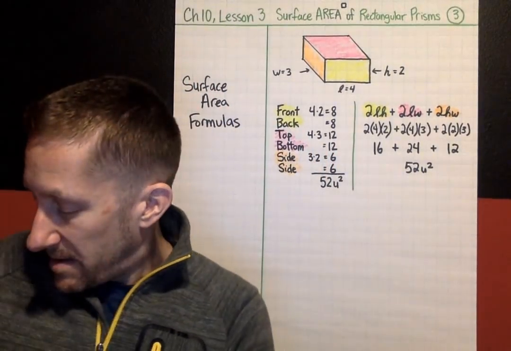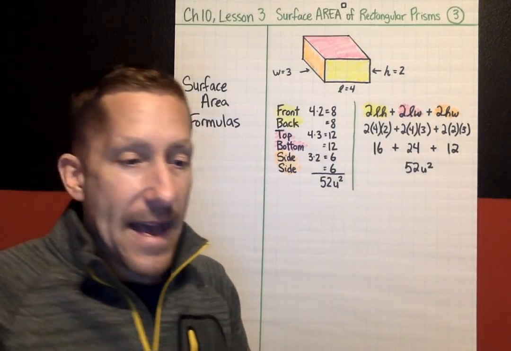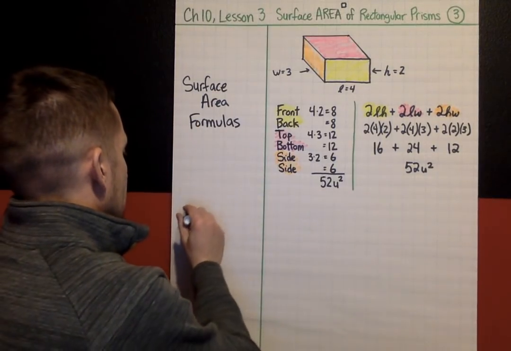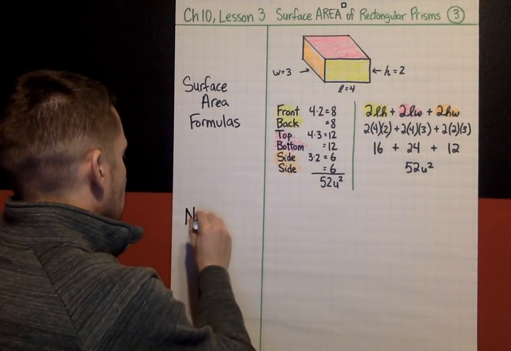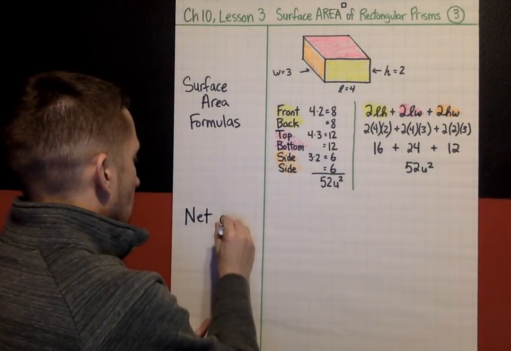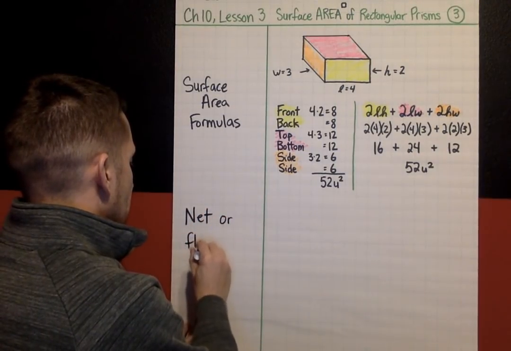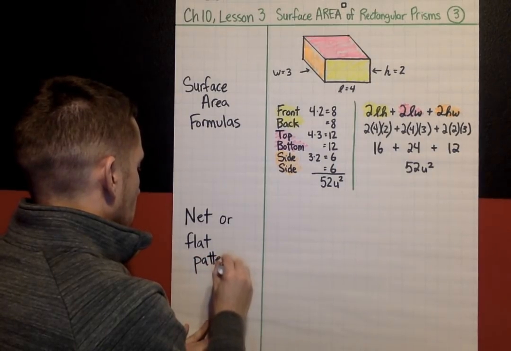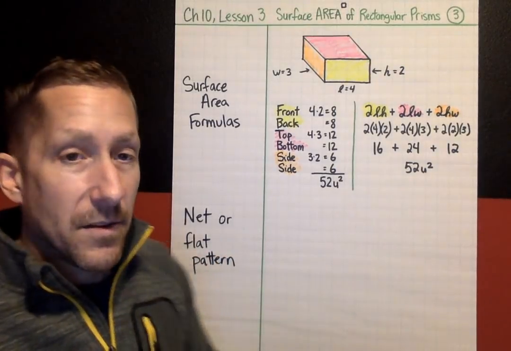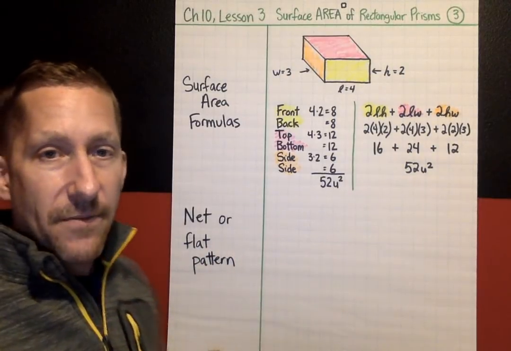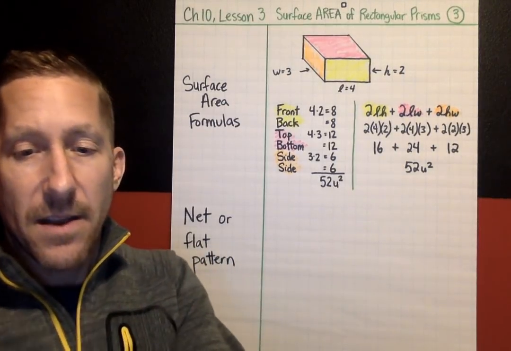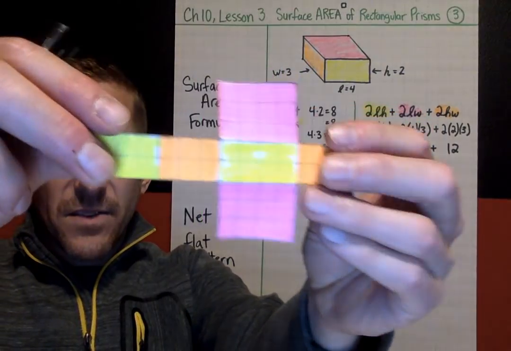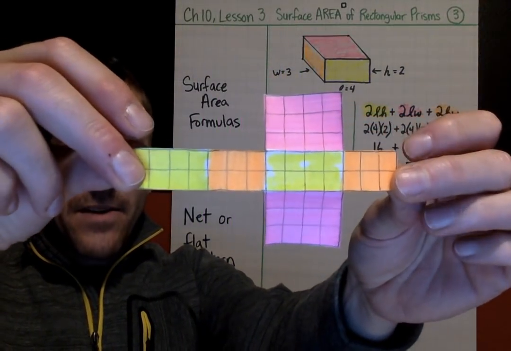Okay, next, you did this in the lab, but a net, I want you to write a vocabulary word, net or flat pattern. These are the same thing. And to explain what a net or a flat pattern is, we're going to make a drawing. This is called a net or a flat pattern.